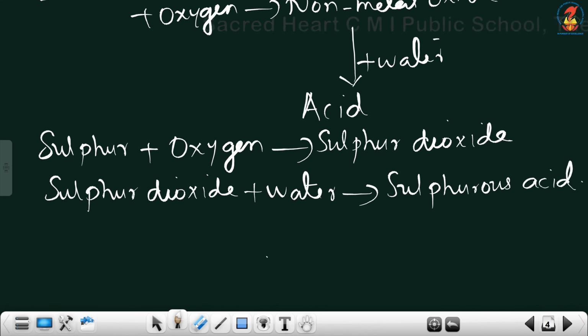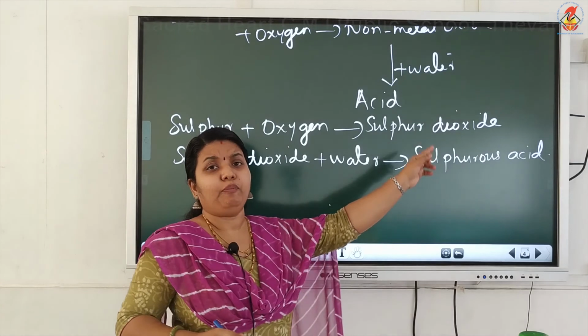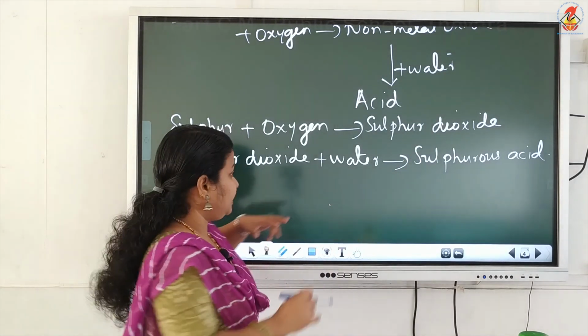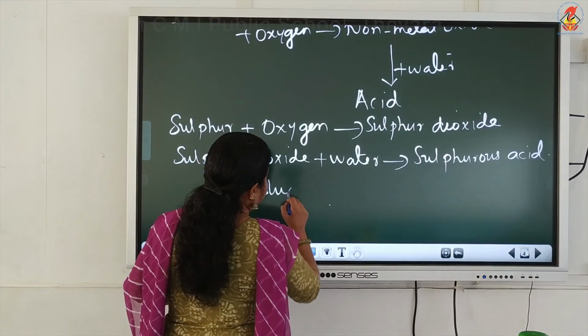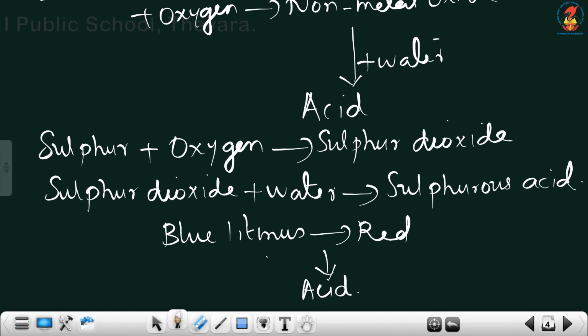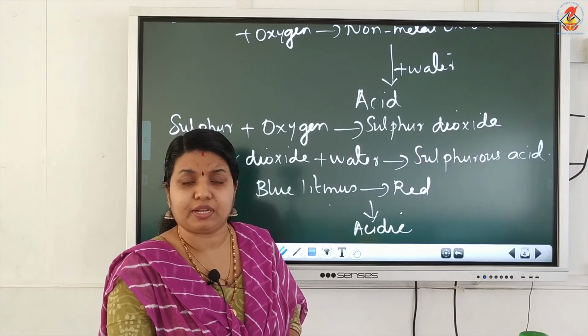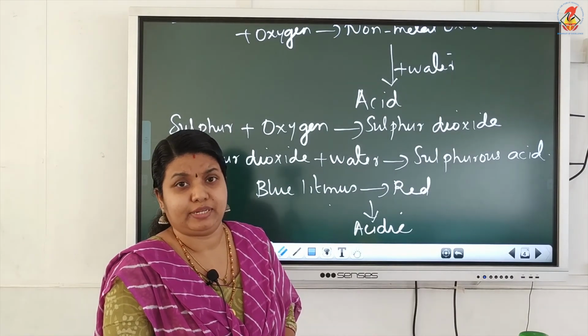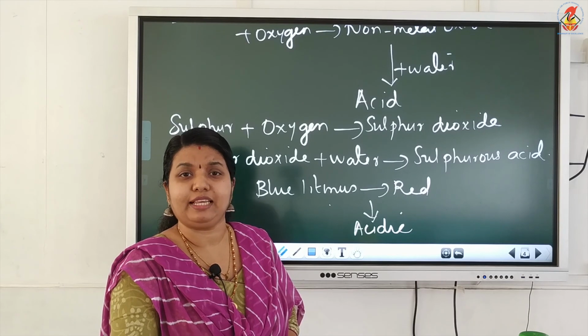So the non-metal oxide dissolves in water to form acid. It changes the color of blue litmus to red, showing that it is acidic. So non-metal oxides are acidic in nature. They dissolve in water to form acids and change the color of blue litmus to red, confirming their acidic character.